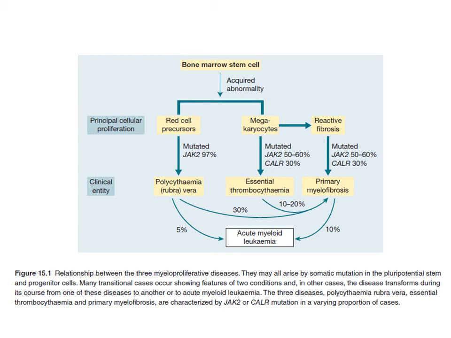So there is more activity of the fibroblasts, more deposition of fibroblasts, and this will result in primary myelofibrosis or idiopathic myelofibrosis. We can see this fibrosis in special reticulin stains in bone marrow biopsy. In idiopathic myelofibrosis, almost 10% of these patients can go for transformation to acute myeloid leukemia. So, these are interrelated diseases.